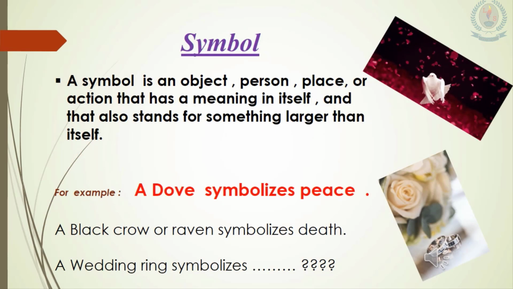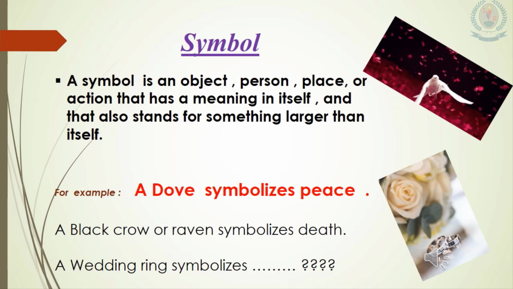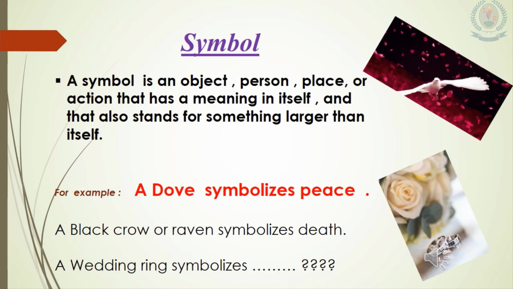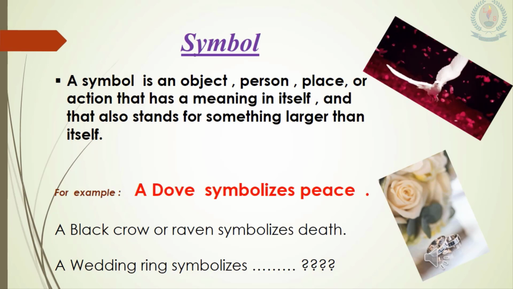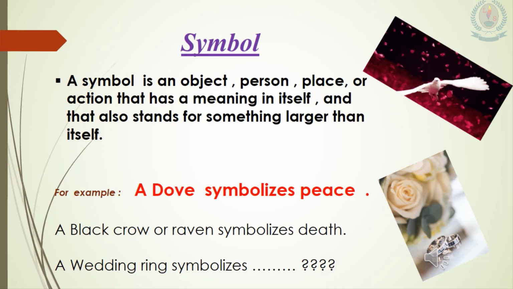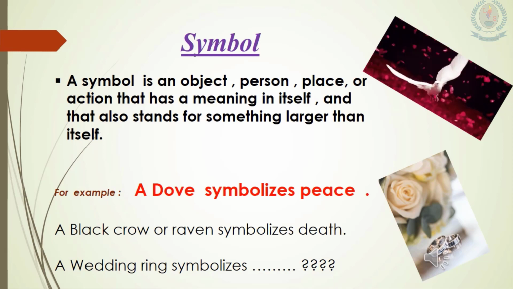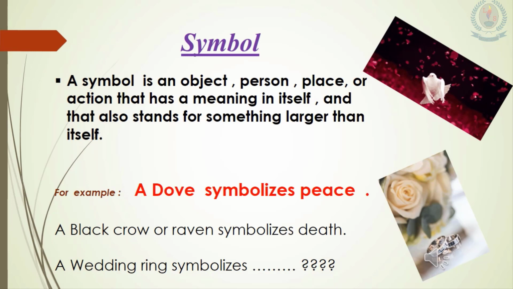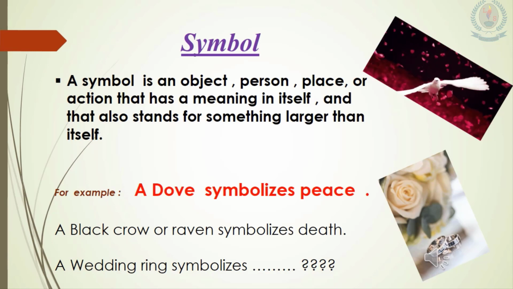Symbol. A symbol is an object, person, place or action that has a meaning in itself, and that also stands for something larger than itself. Now if you read poems or stories, you may come across different symbols. For an example, a dove symbolizes peace.